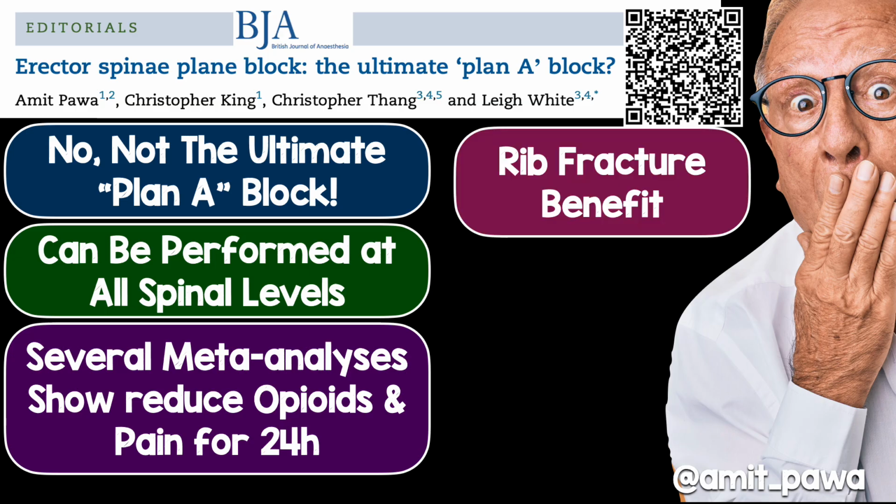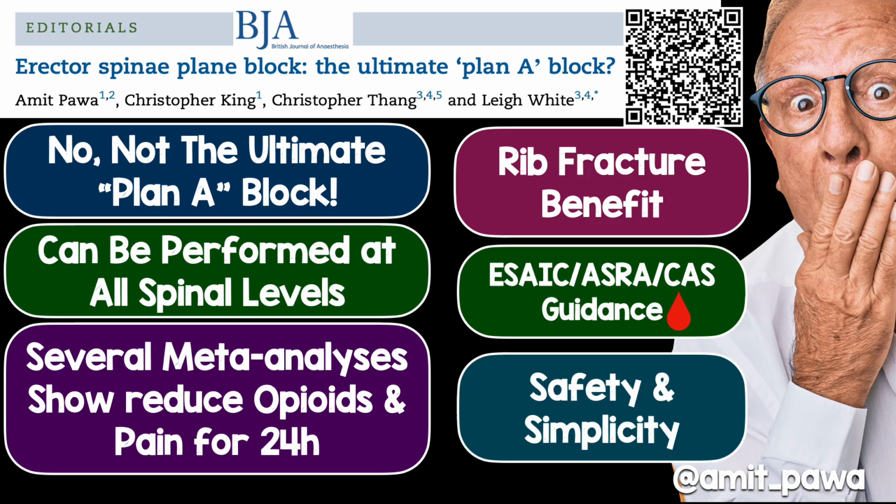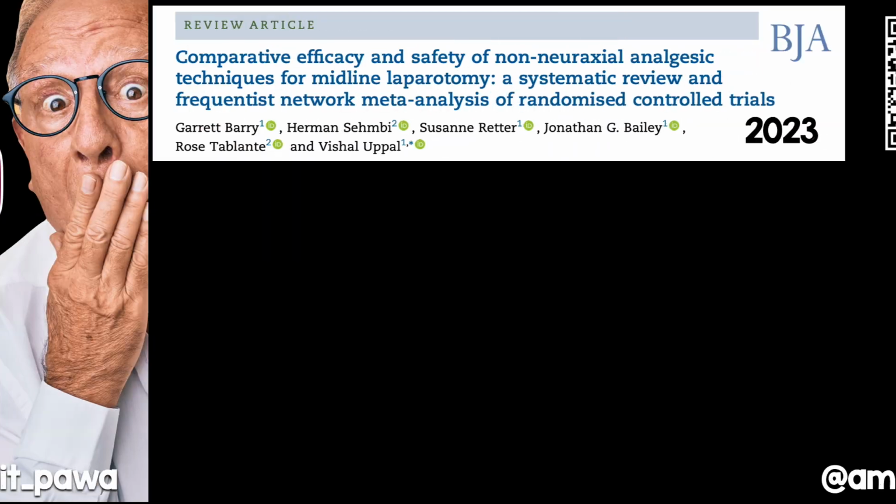We also talk about the benefit in the rib fracture population, and the fact that the European Society of Anaesthesia and Intensive Care, ASRA, and the Canadian Association of Regional Anaesthesia guidance on anticoagulation and blocks support the use of this technique. And we also emphasize the safety and simplicity of this particular technique.